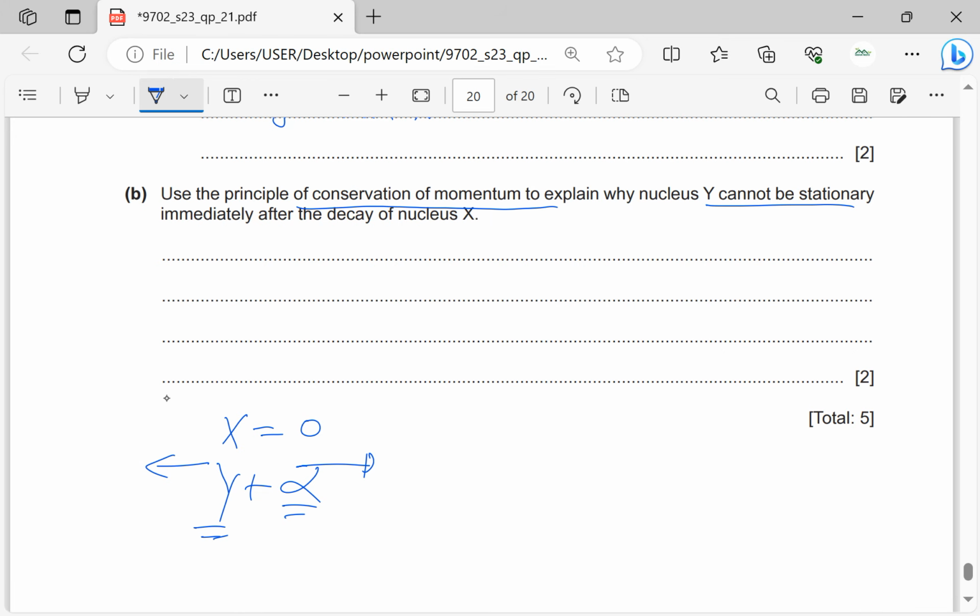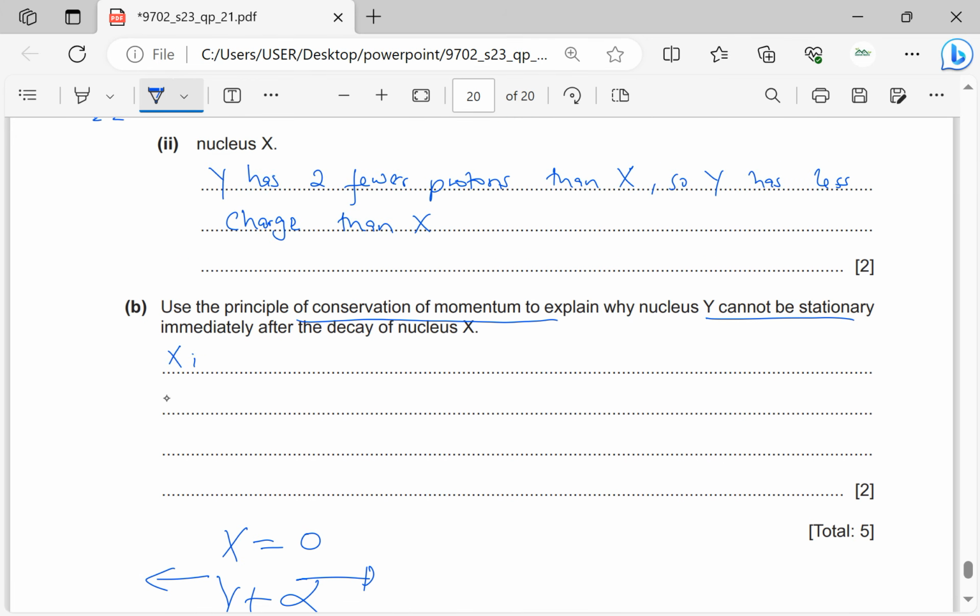So let's say that X is initially stationary, so total momentum before decay is 0.